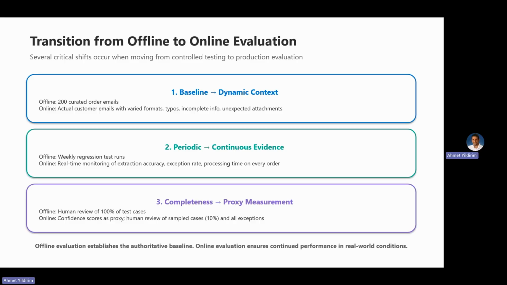It's not a continuation of offline evaluation, it is something different. So the key point is that offline evaluation establishes the authoritative baseline, but online evaluation ensures continued performance in real-world conditions. They are complementary and not substitutes.